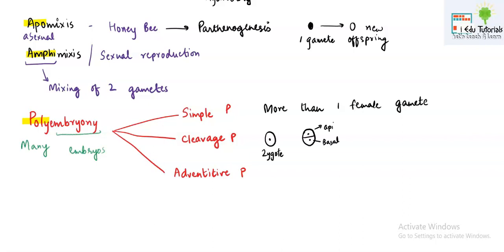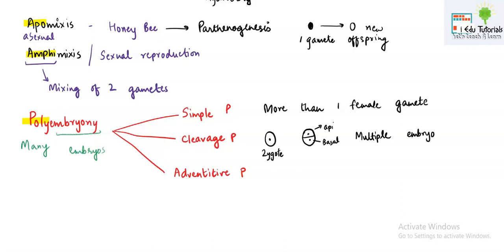So each cell which has divided will divide in such a way that it will give rise to multiple embryos, right? So if zygote divides, and with division each cell develops a capability to divide into an embryo, this is known as cleavage polyembryony.